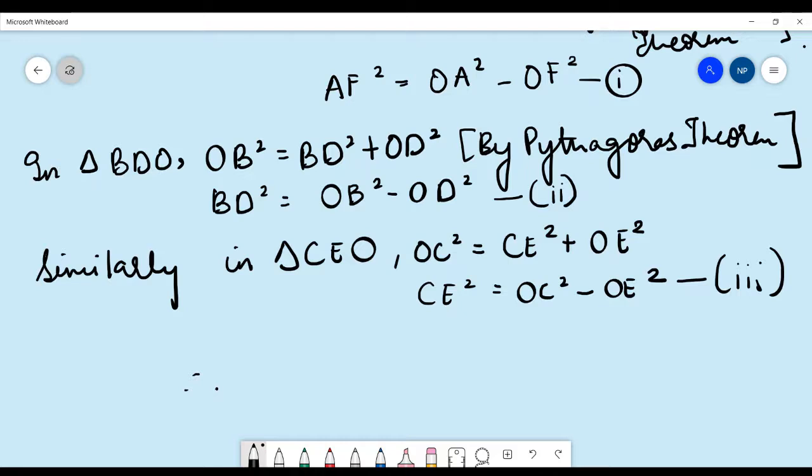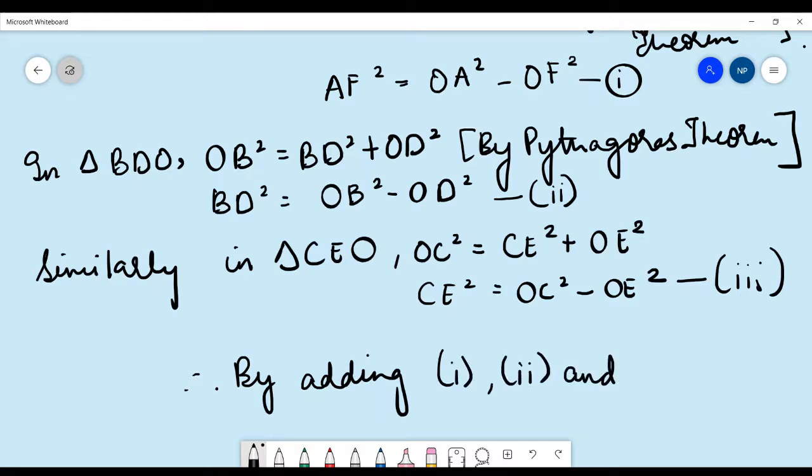So if you see the first part, we had to prove OA square plus OB square plus OC square minus OD square minus OE square minus OF square is equals to AF square plus BD square plus CE square. So here we are going to write by adding 1, 2 and 3, we have, what do we have from here?